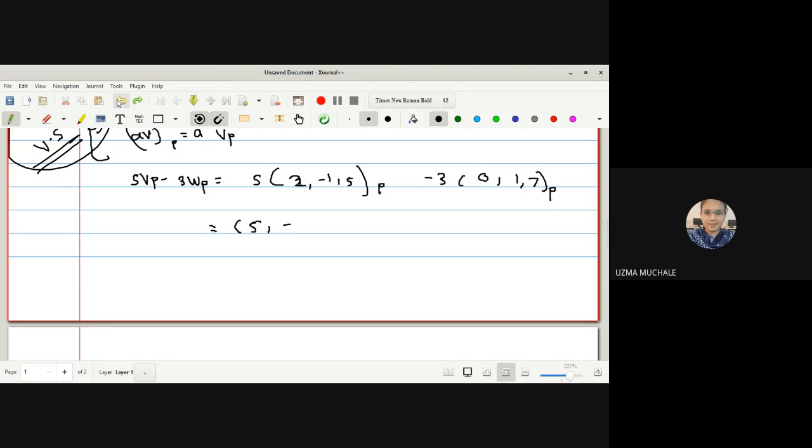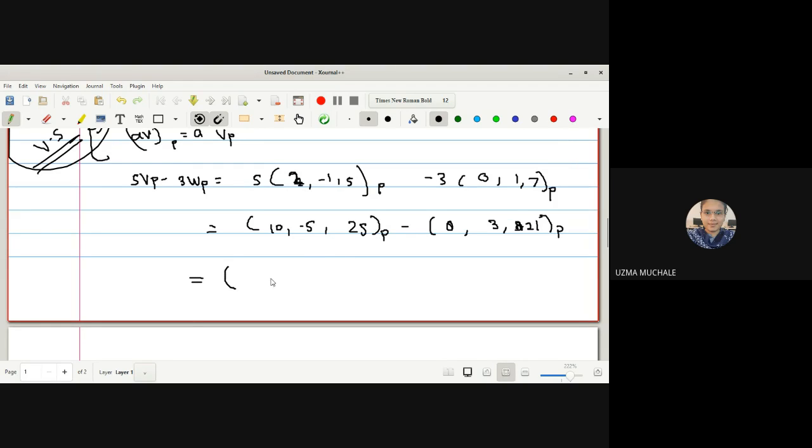Okay, if you have written this, just tell me what is the result. 10, minus 5, 25 at a point P, minus 3 into 0, 1, 7, that is 0, 3, 21 at a point P. Okay.